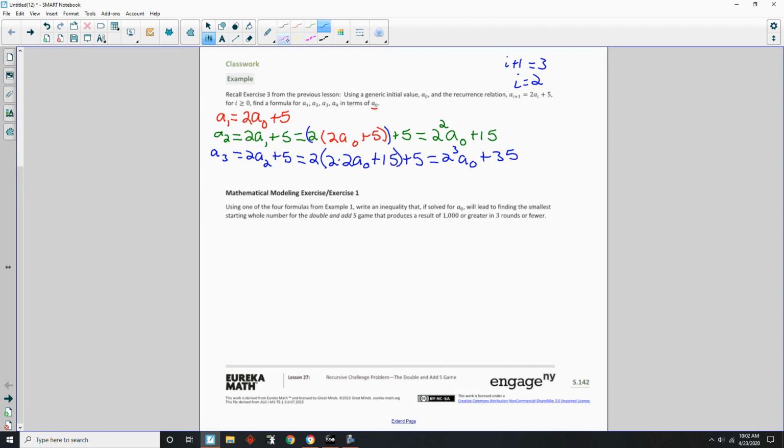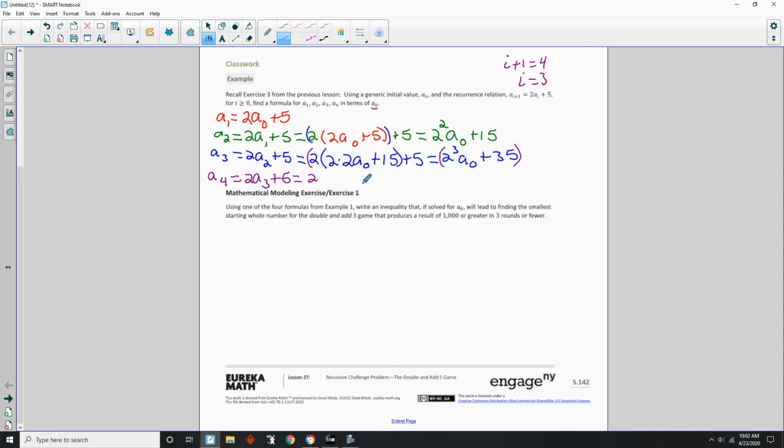Okay, moving along. So now I'm going to erase this. Now I want a sub 4. Well, in order to get a 4 here, for i plus 1 to equal 4, i has to equal 3. So I want 2a sub 3 plus 5. Well, that equals 2 times a sub 3. So this is my a sub 3 right here.